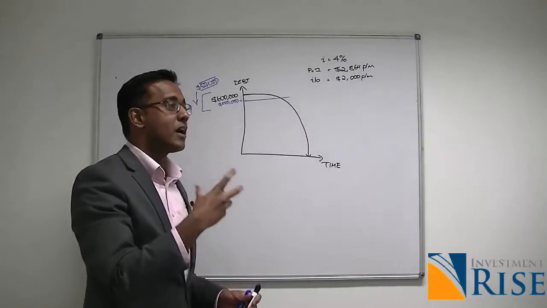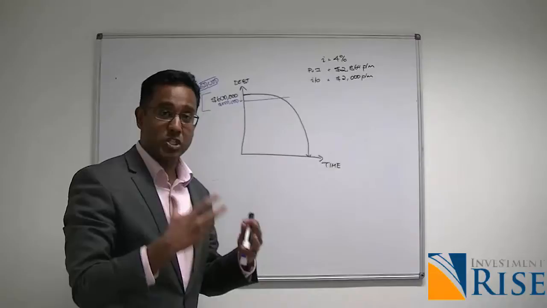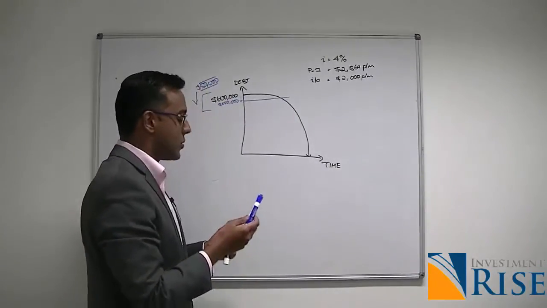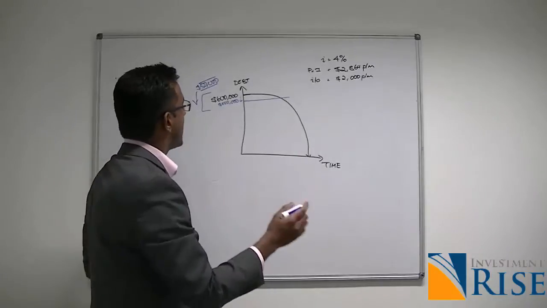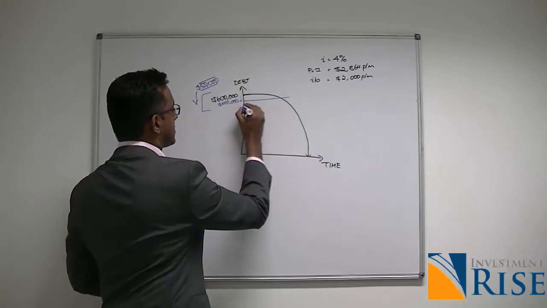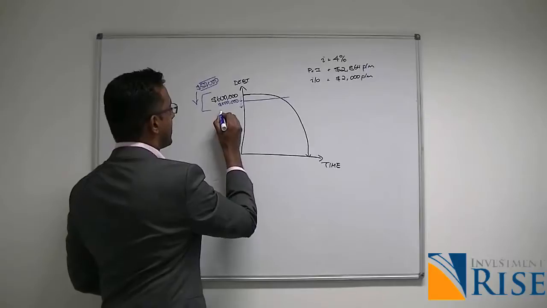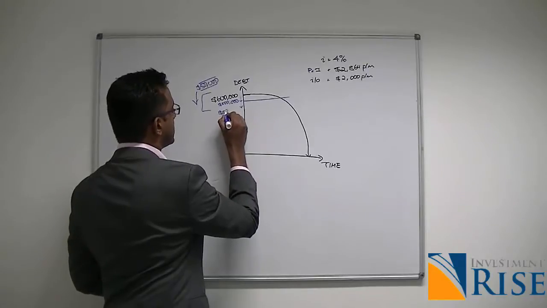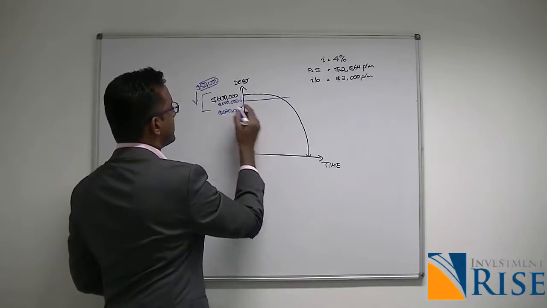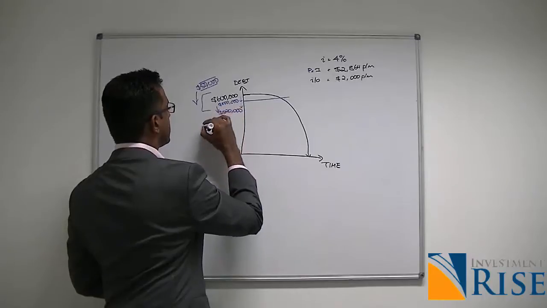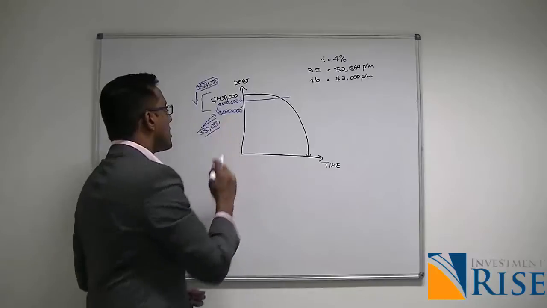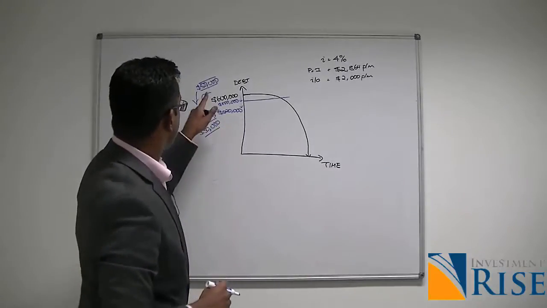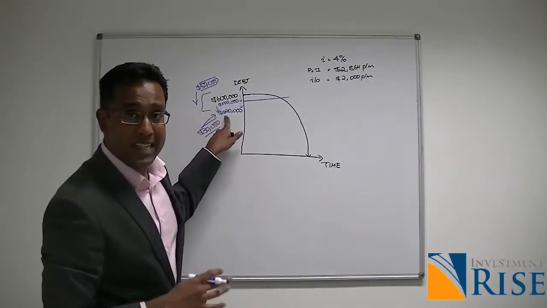Now, you can, however, make extra repayments. A lot of these P&I facilities these days allow you to make extra repayments. So if you make an extra $30,000, now you're sitting at $520,000.